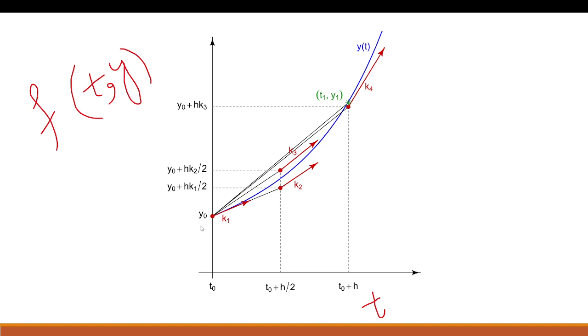Here at point y naught, first we draw a tangent, and k1 is the slope of this tangent, and using k1 and y we draw another tangent, and k2 is the slope of this tangent, and using k2 and y we have drawn another tangent, and k3 is the slope of this tangent, and at the end of the function we have drawn another tangent, and k4 is the slope of this tangent. Here the coordinates are shown. I hope this is clear to you.